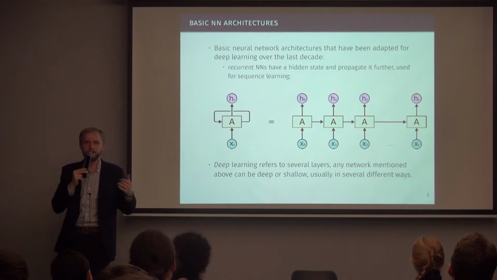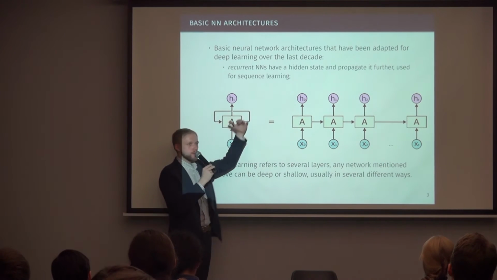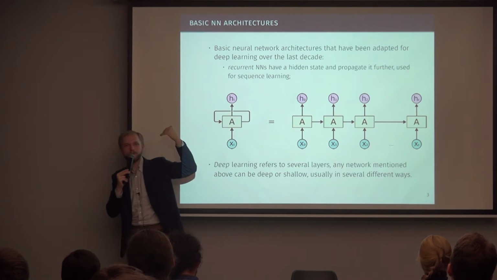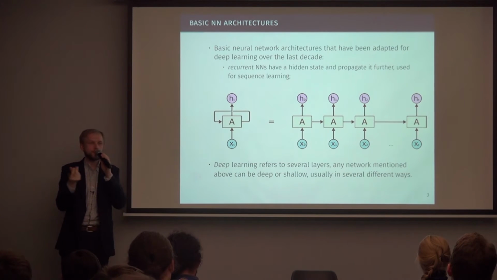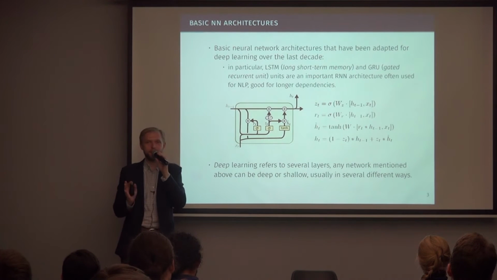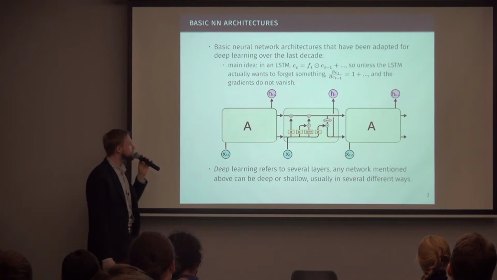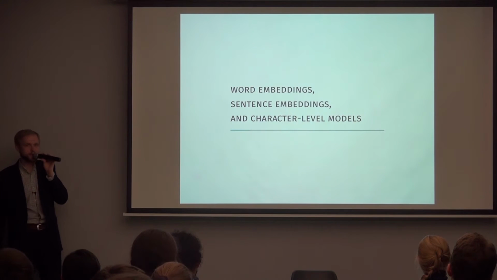The hope here is that further layers will capture some higher level dependencies, which would be very important for text, because text is a very, very complicated thing. Okay, so this was just an intro to deep learning.